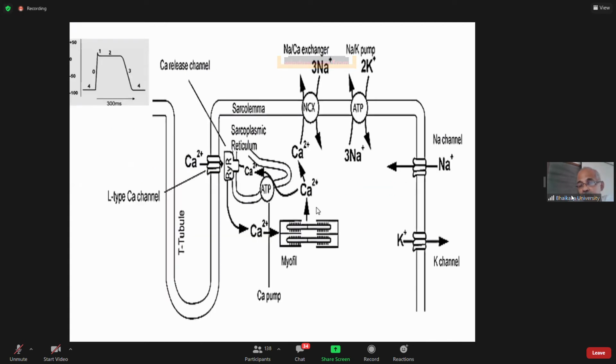Then there is a relaxation phase. The calcium which has been bound has to be released, has to be sequestered. The calcium which is released will be sent by the calcium pump into the sarcoplasmic reticulum, or will be removed by sodium calcium exchange out of the cell to the extracellular fluid.